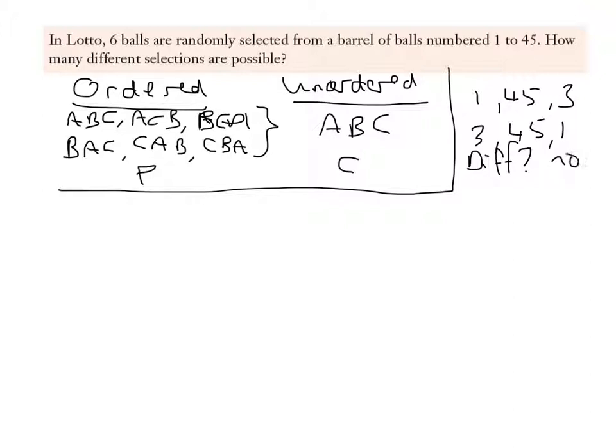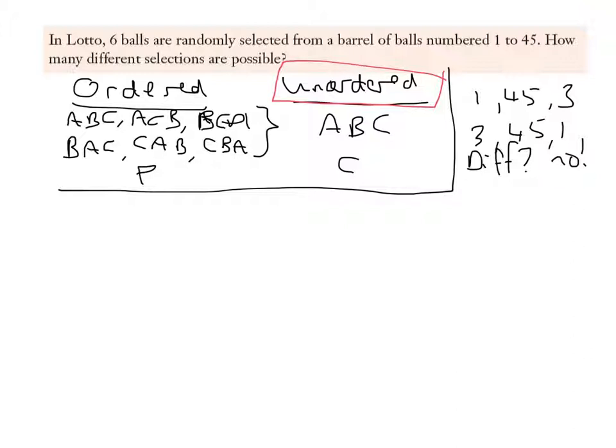The answer is no. It doesn't matter whether it comes 1, 45, 3 or 3, 45, 1 or 1, 3, 45. They're the numbers that you picked. So it is an unordered selection. I'll put a box around this word, unordered. Because it's unordered, there are going to be fewer outcomes.